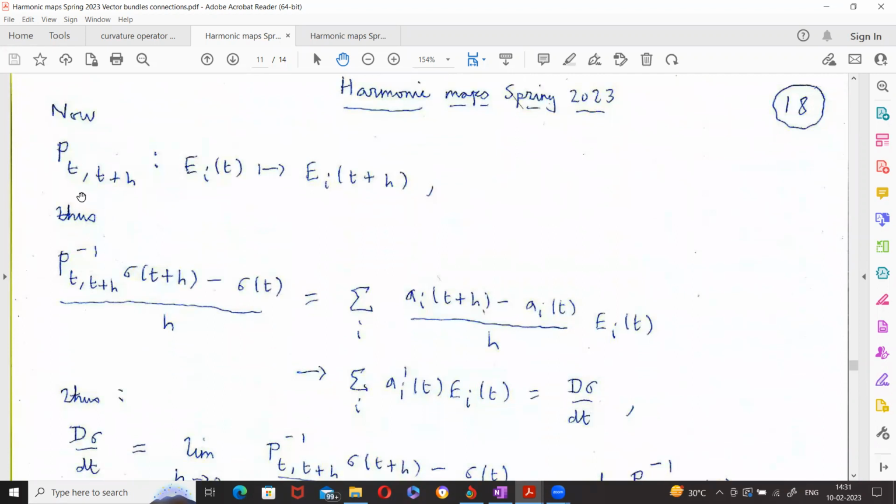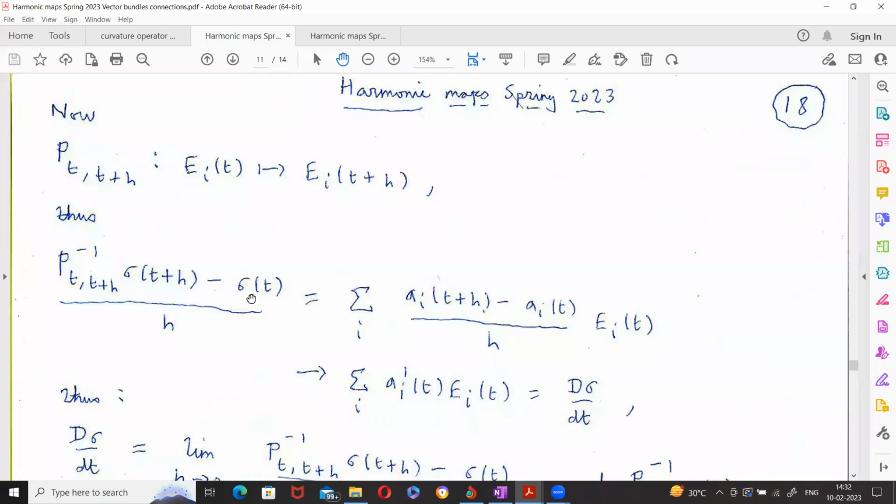Okay. Now let's look at the parallel transport from a time t to a time t plus h. By definition, this is going to send my parallel section ei at t to ei at t plus h, right? So if I look at the inverse of this parallel transport map applied to sigma t plus h, this will give me a vector at gamma t.